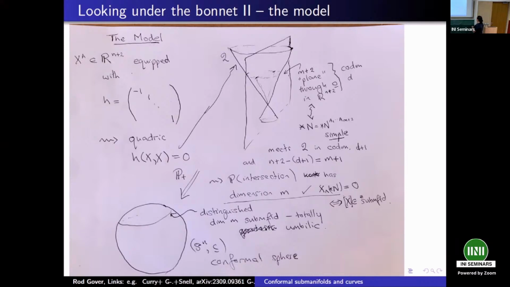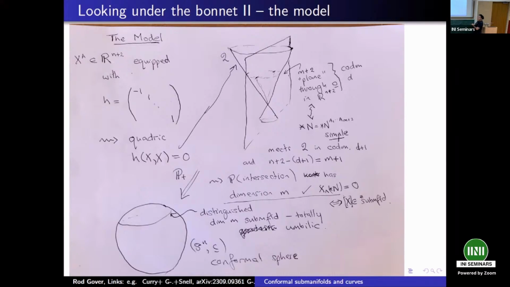Okay, so how did you specify this plane? Well, the obvious thing to do is to give a spanning set of m+2 vectors. But then you're giving too much information, so you wedge them together and make an (m+2)-form, a completely skew object with m+2 indices, which is simple.